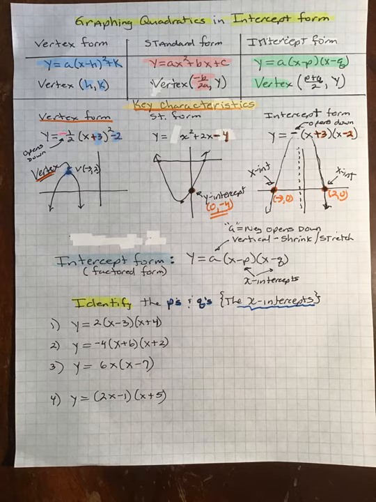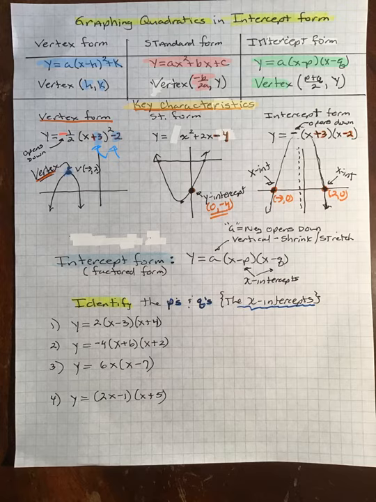If it's negative, we know it's opening down, and therefore it would have a maximum of positive 2. So very quickly we can find the maximum or minimum and know if it's opening up or down. We can tell the vertex by just looking at the h and the k, and we don't have to do any math. With standard form, it's a little bit different.